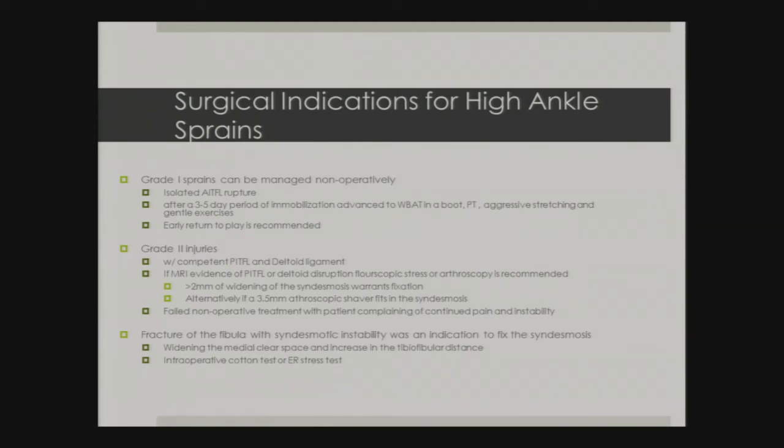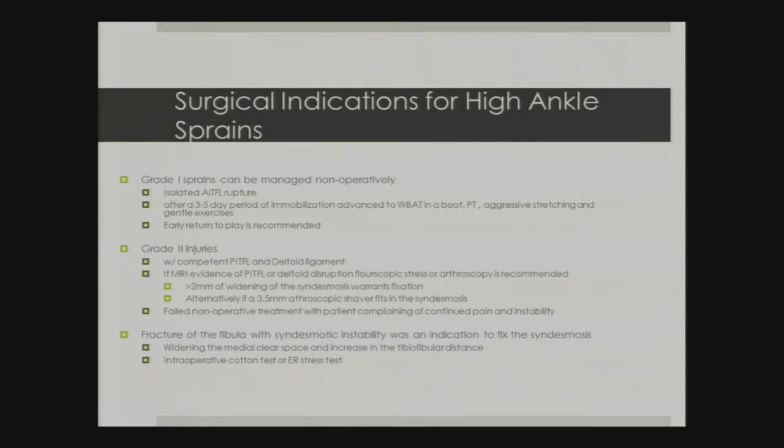On arthroscopy, they recommended greater than 2 millimeters of syndesmotic widening, or alternatively, you could use a 3.5 millimeter shaver head, and if it fit into the syndesmosis, then they considered that to be a positive finding for instability and an indication to fix it. Failed non-operative treatment of grade 2 injuries was also an indication. If these patients continue to have pain and instability, then it was recommended that they be fixed as well.